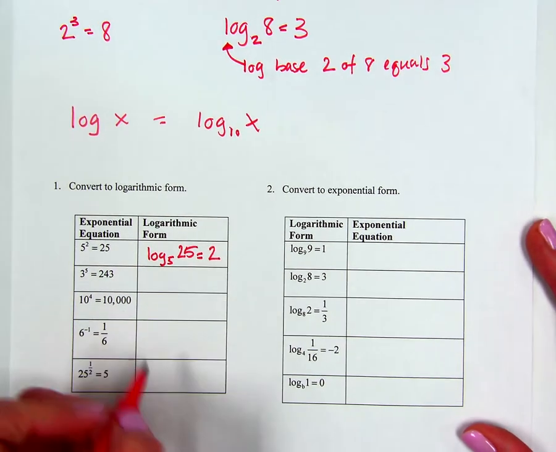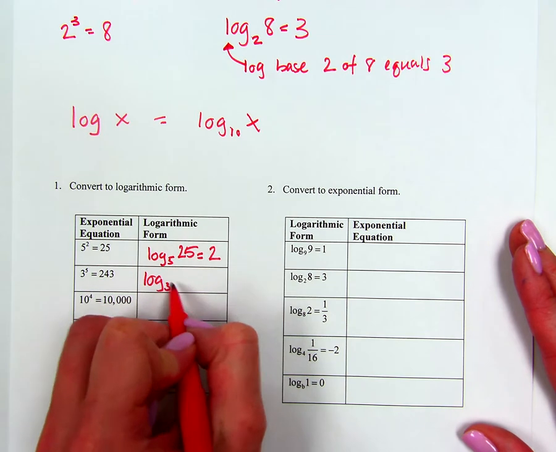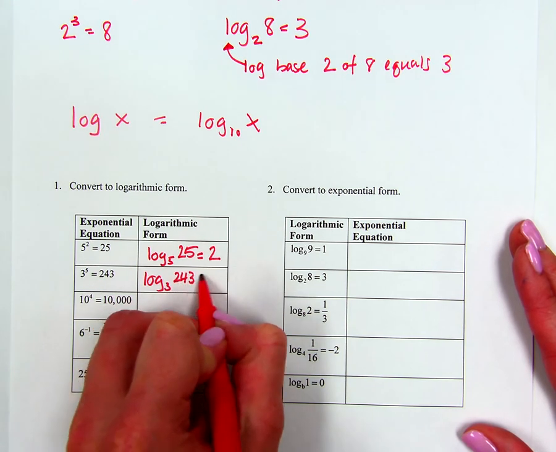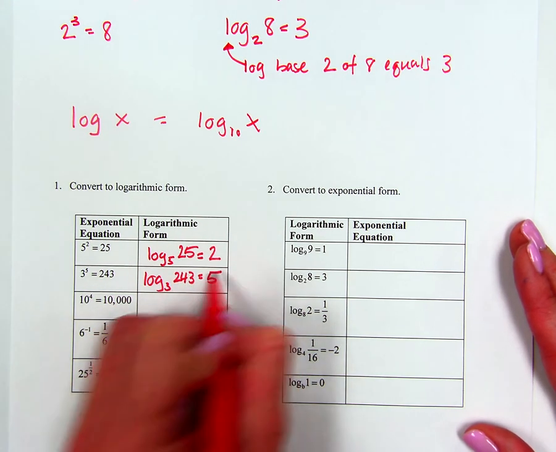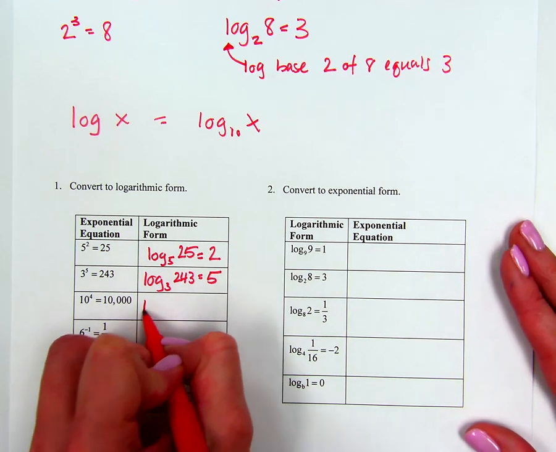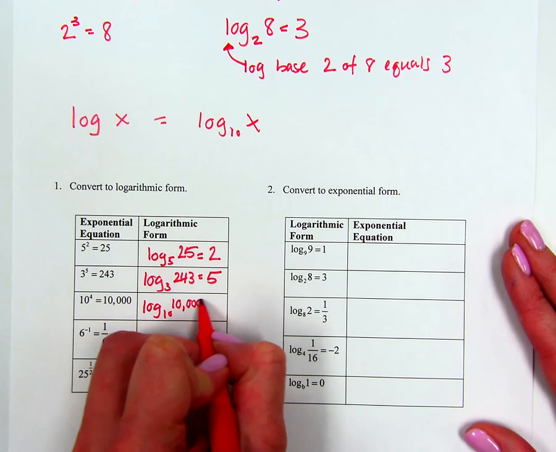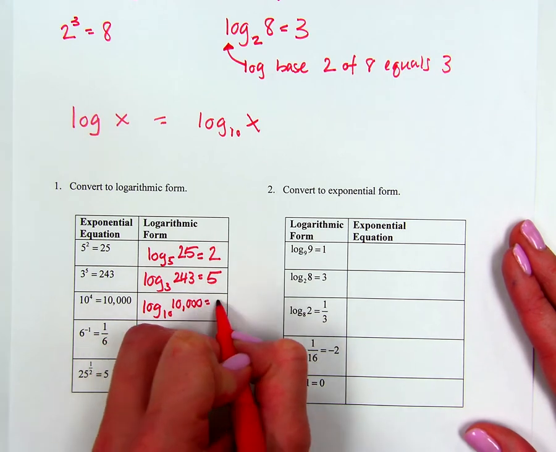Same thing for all of these. So we'll do log base 3 of 243 equals 5. And then we'll do the next one, log base 10 of 10,000 equals 4.